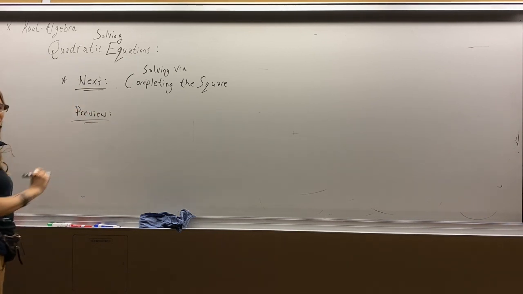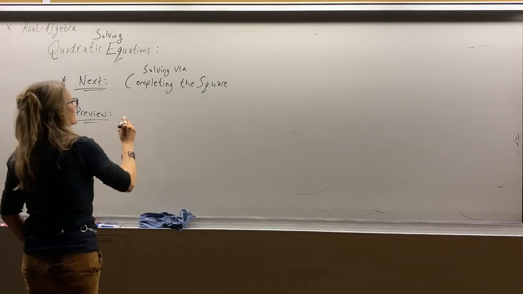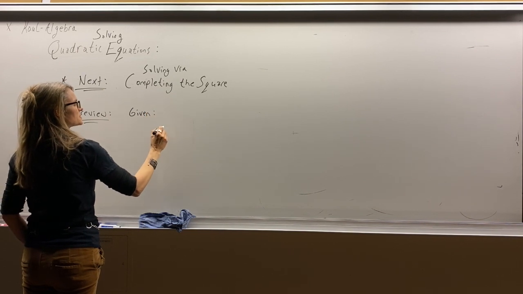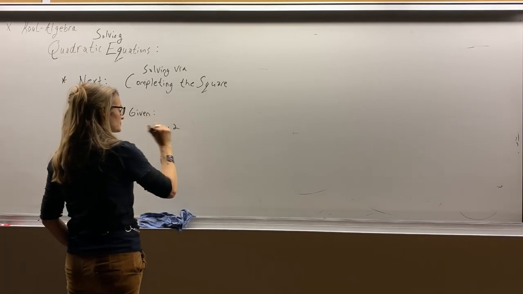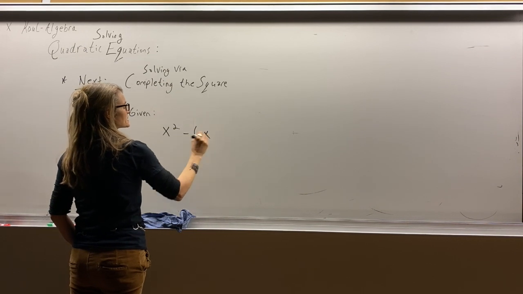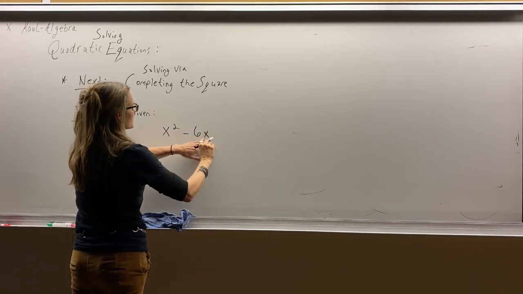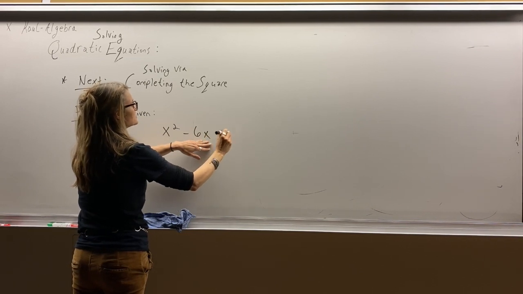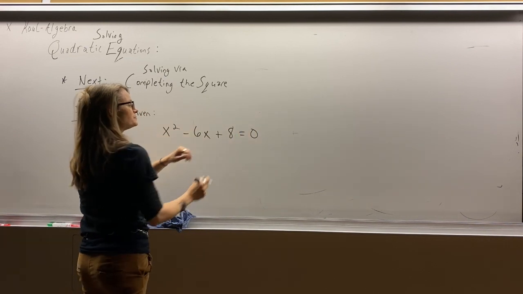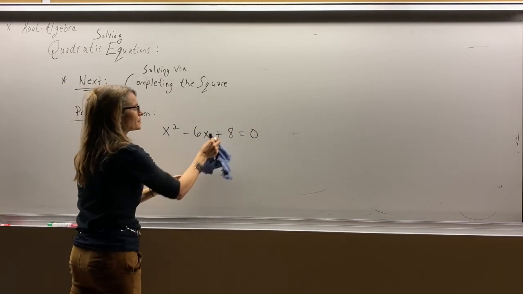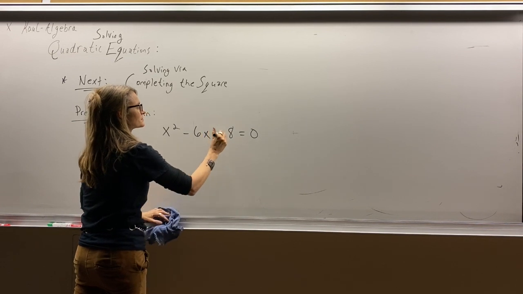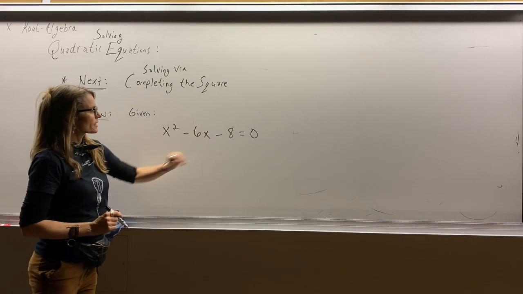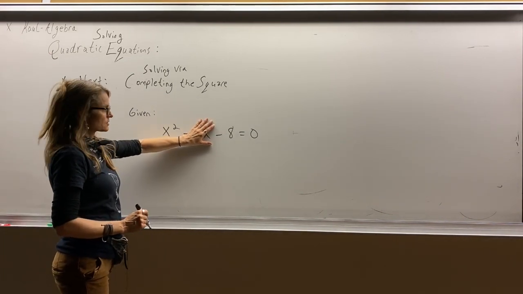And we've had nice quantities squared so far, but if you had to solve something like x squared, let's say minus 6x, and let's say you had plus 8 equals 0. I said minus 8. Okay. Well, the problem is we have this minus 6x quantity, right?